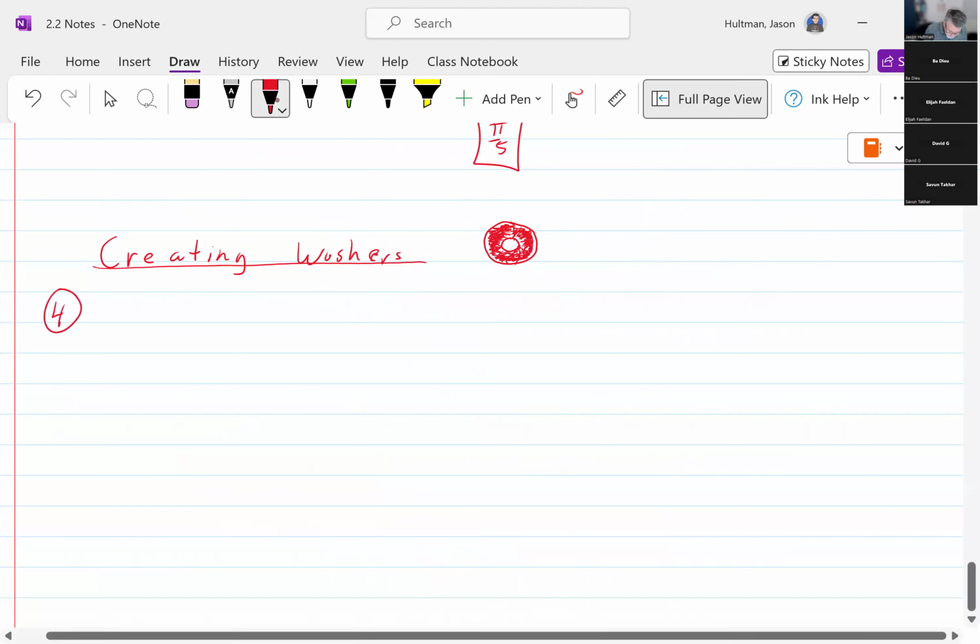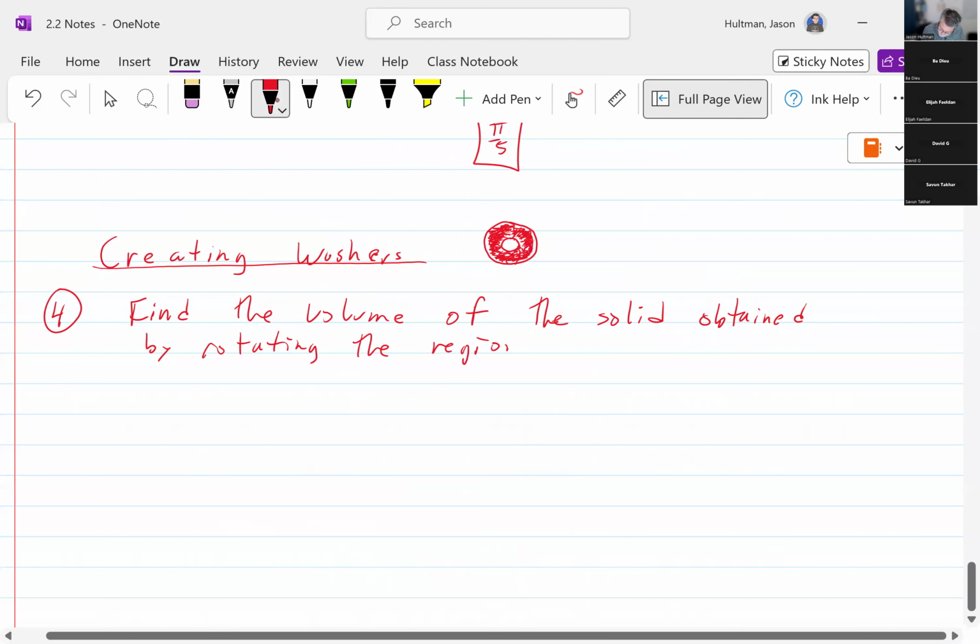Number 4. Find the volume of the solid obtained by rotating the region enclosed by y equals x and y equals x squared about the x-axis.